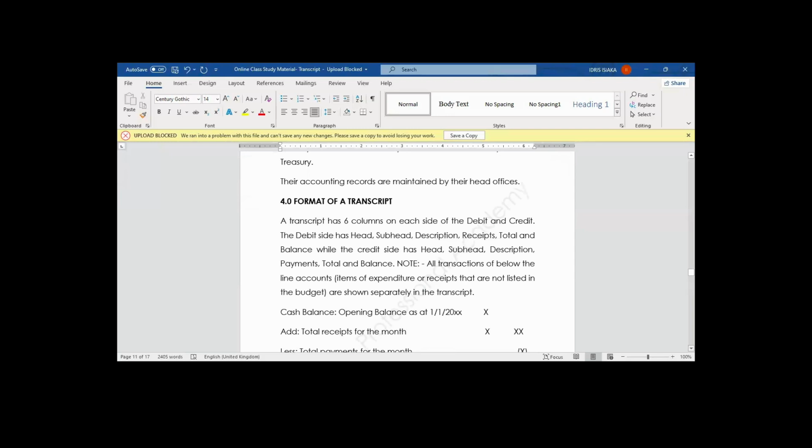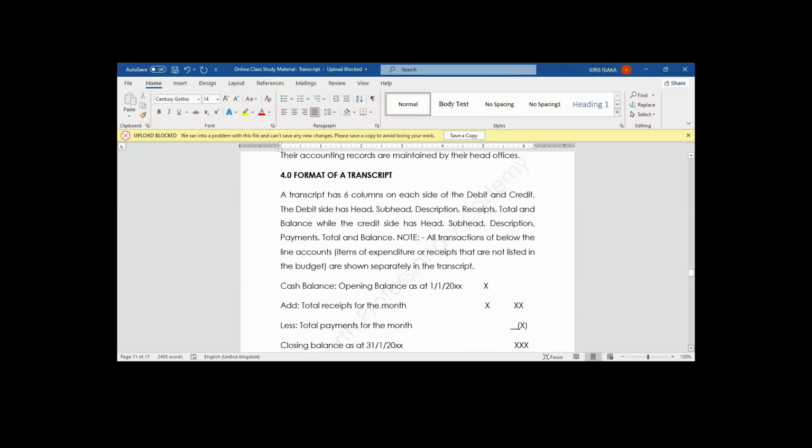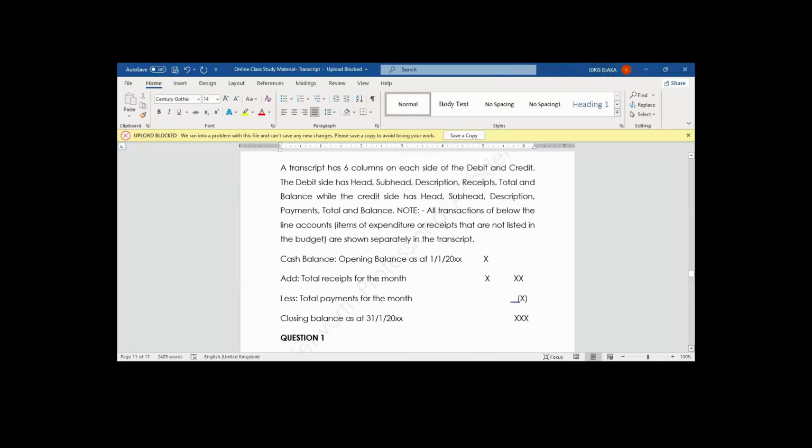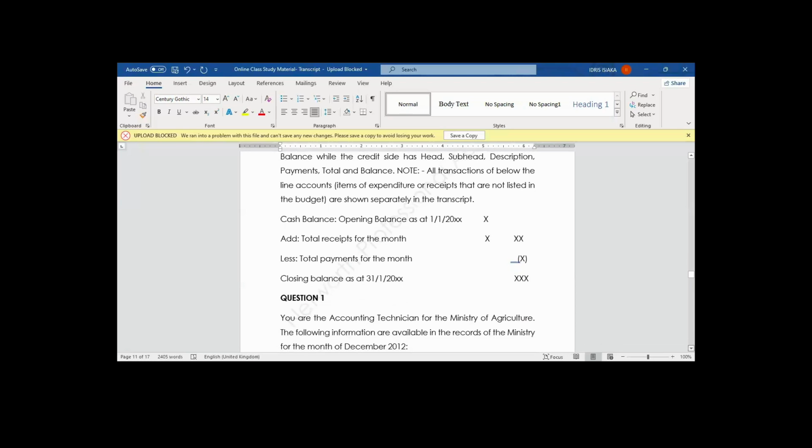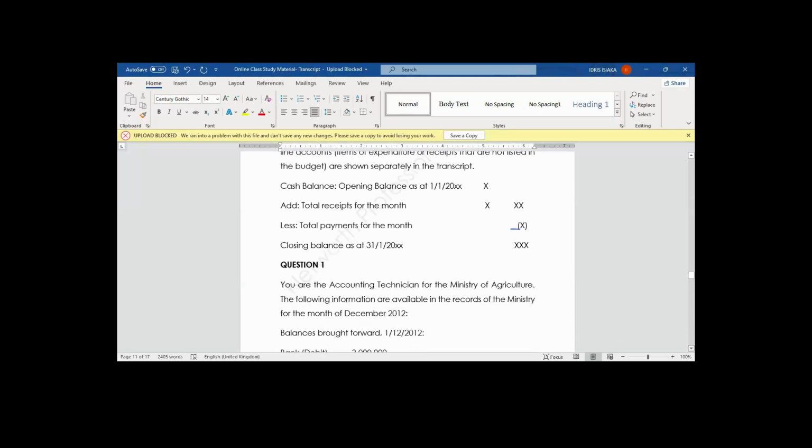The opening cash balance will be added to receipts, while we less payments. At the end of the day, when we less payments after adding the opening cash balance to receipts, we get the closing balance.